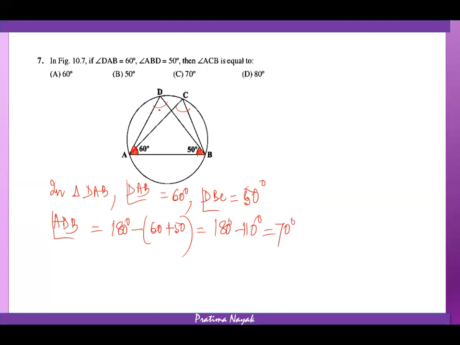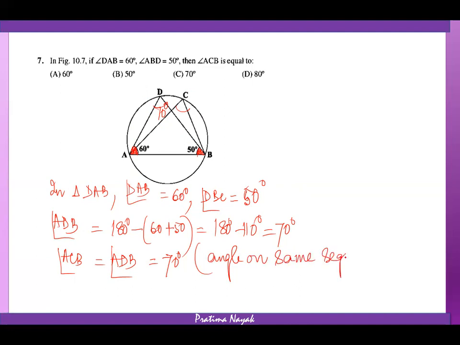If ADB is 70 degree, you can immediately think of ACB. ACB is same as ADB. Why? Angles on the same segment are also 70 degree. Which segment? What is the segment here? AC. So where is 70 degree? C is the answer.